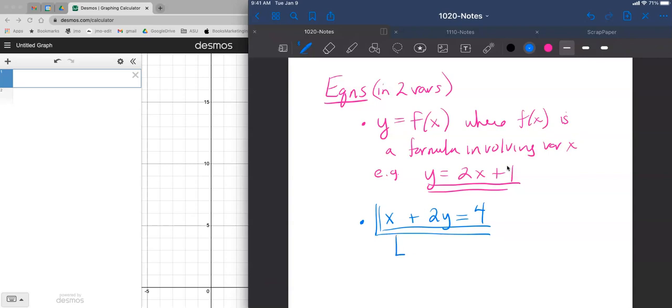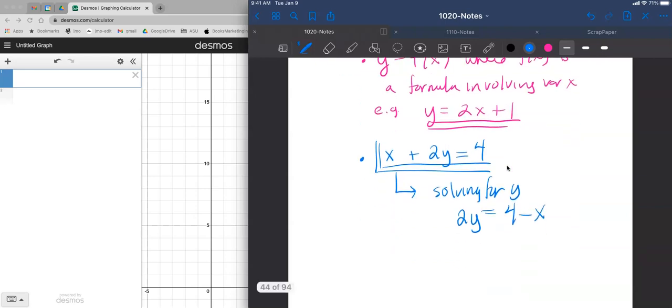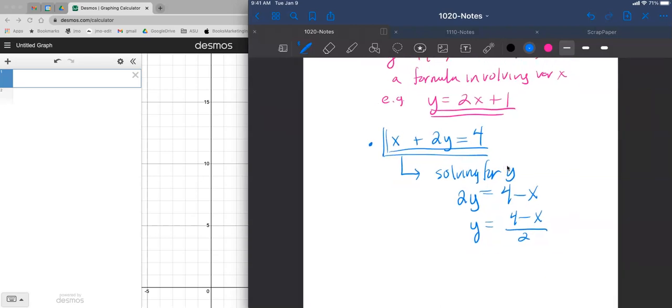It is possible to solve the blue equation as a function of x by solving for y, and that would be done by moving the x to one side of the equation, subtracting, and then dividing everything by 2. And now we have solved for y in terms of x.